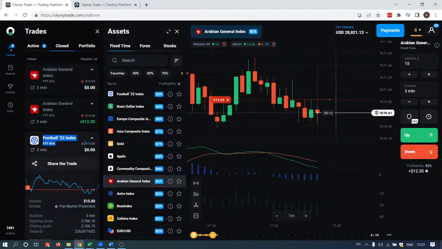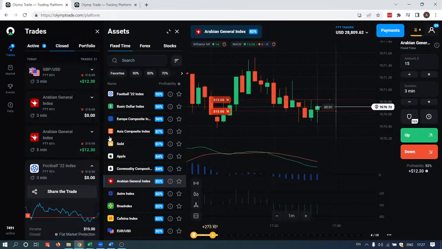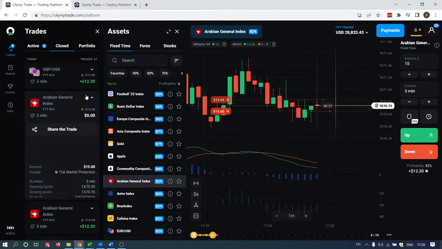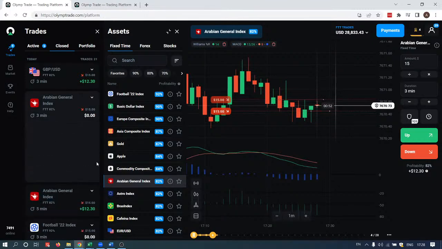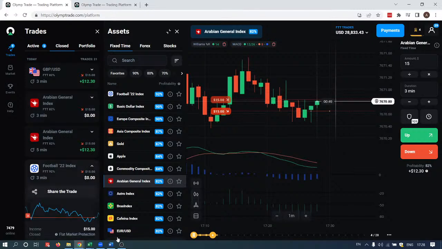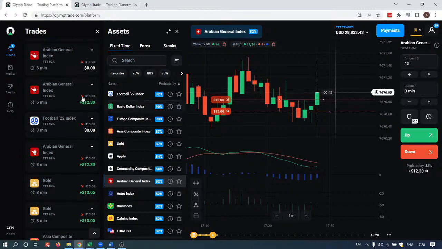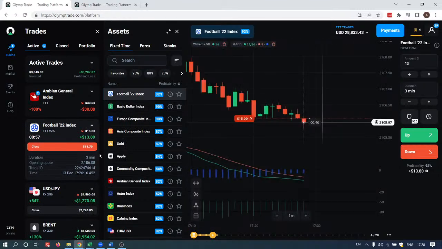Basically, when your opening quote and closing quote differ by just 1 pip, the last digit here, it means that your trade closes with a refund, a return. That would have been a winning trade, and this would have been a winning trade as well. The market has not given me, okay, so this mode is flat market protection.